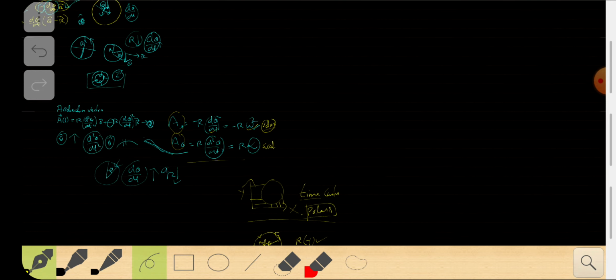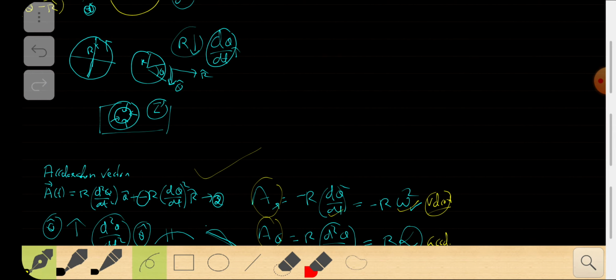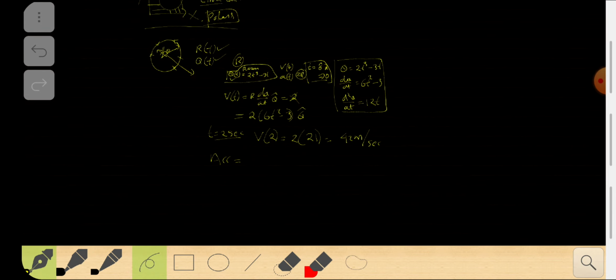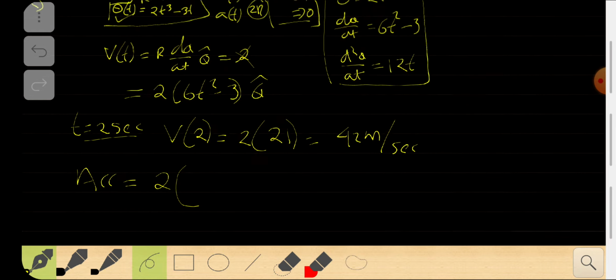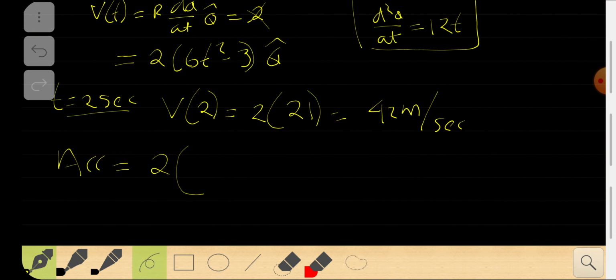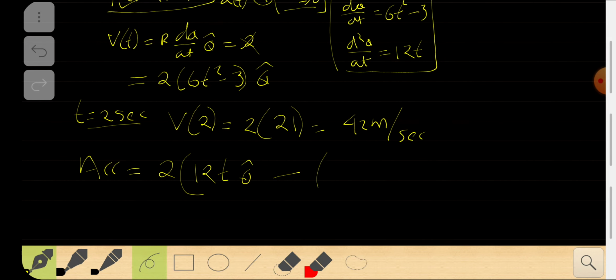If you substitute those values into equation 2, the acceleration has the equation r times d square theta by dt square in the theta cap direction, minus r times d theta by dt the whole square in the r cap direction. d square theta by dt square is just 12t, and d theta by dt is 6t squared minus 3, the whole square in the r cap direction.